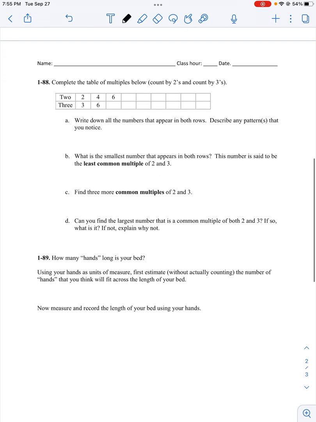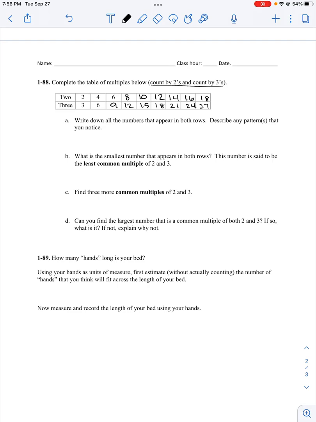Moving to problem 88, we need to complete the table of multiples. We're counting by 2s and by 3s. Okay, so for 2s, I have 2, 4, 6, 8, 10, 12, 14, 16, 18. For my 3s, 3, 6, 9, 12, 15, 18, 21, 24, 27.